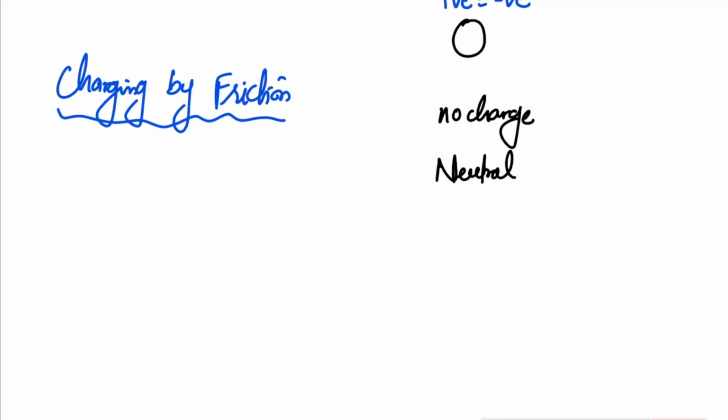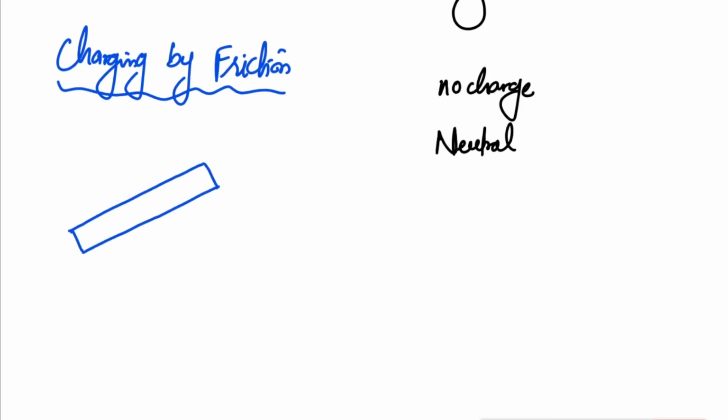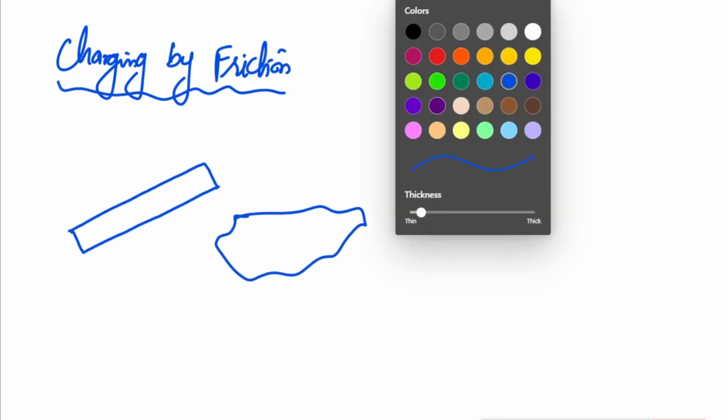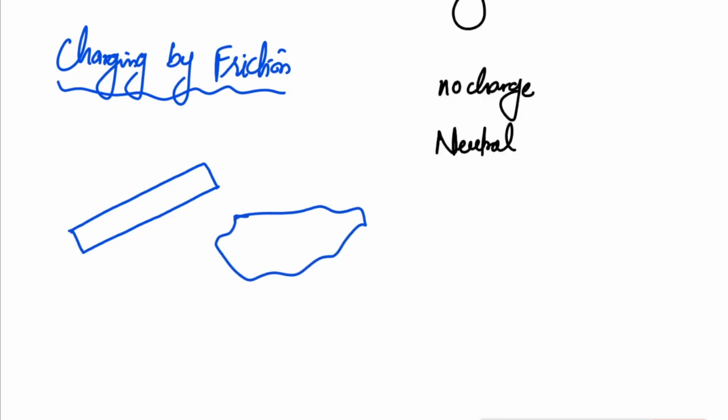The most common example given in your book and in almost every literature regarding this chapter is a plastic ruler and a piece of cotton cloth. We're going to rub them together, and friction is going to cause both of these objects to become charged. And how is that going to happen? We're going to discuss that later.